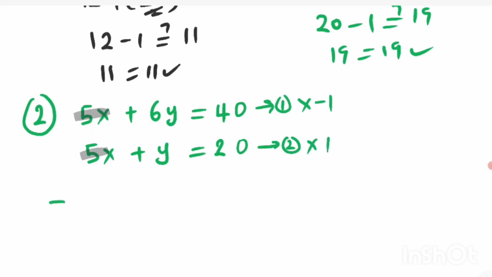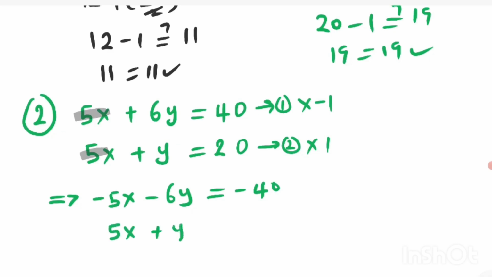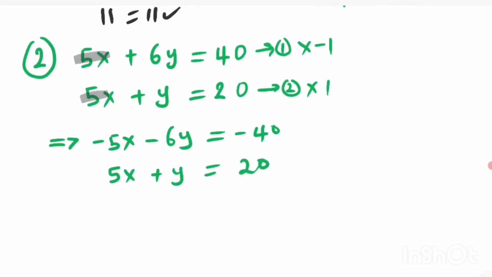Then this is minus 5x minus 6y equal to minus 40. Also, then here will be 5x plus y equal to 20. Now let's add the two equations together. If you add the two together, this cancels this.